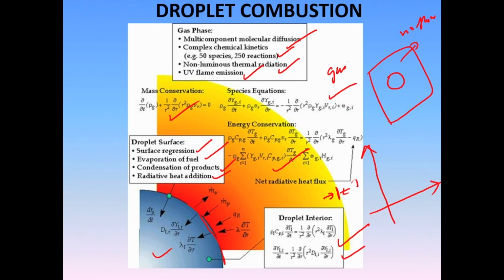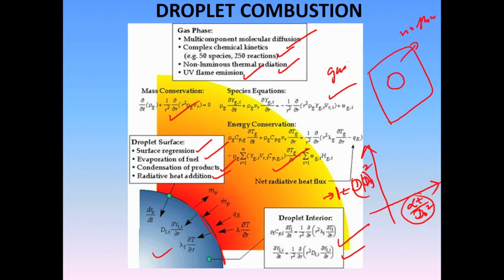When they did the measurement, they normalized the droplet diameter by the initial droplet diameter squared, and here you are plotting something like t by d naught square. Forget about the time scale, that is not important as of now. The important part is d by d naught square.